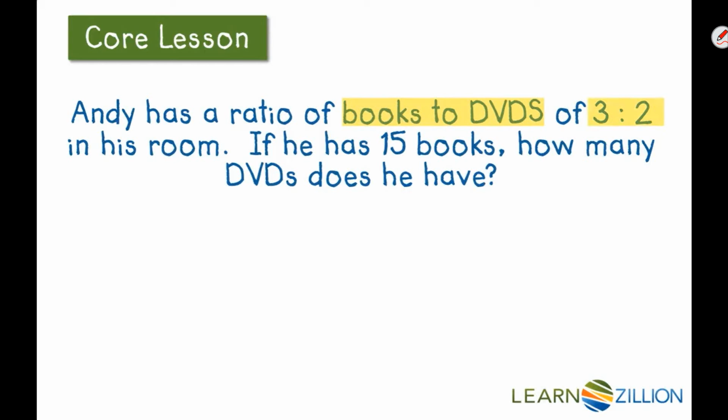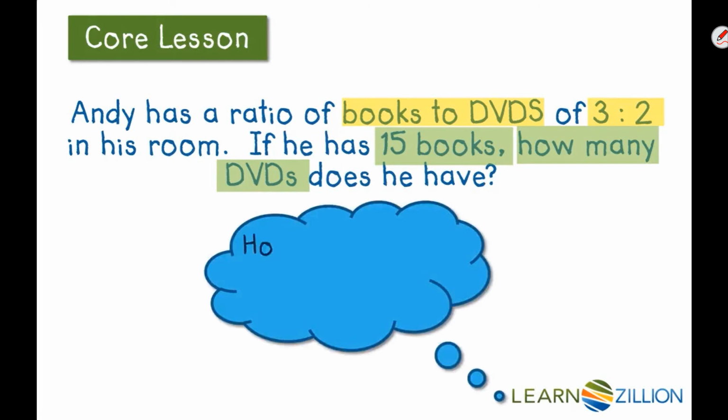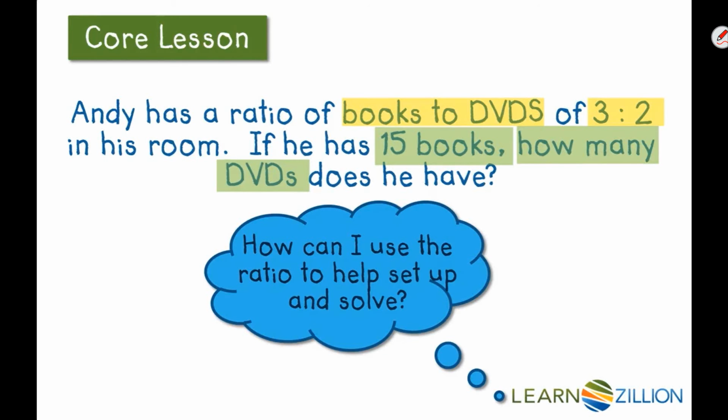It's 3:2, and currently he has 15 books, and what I want to know is how many DVDs does he have? So now that I've gone through and picked out the important information, I want to know, how is that ratio going to help me solve and set up this problem?